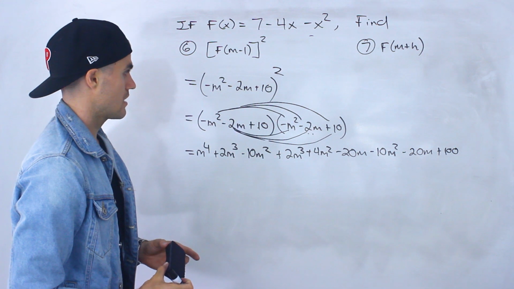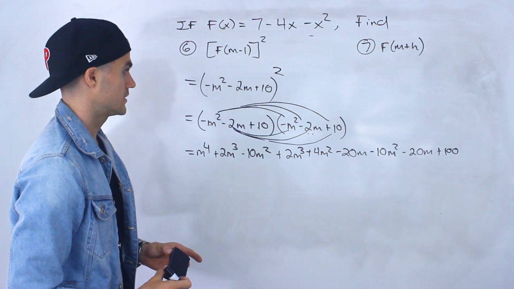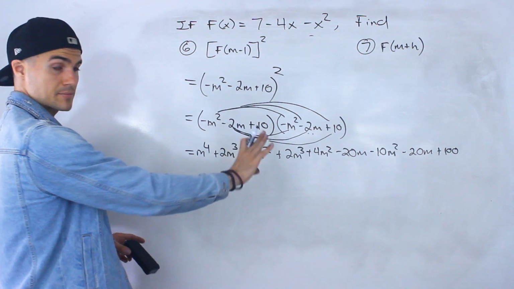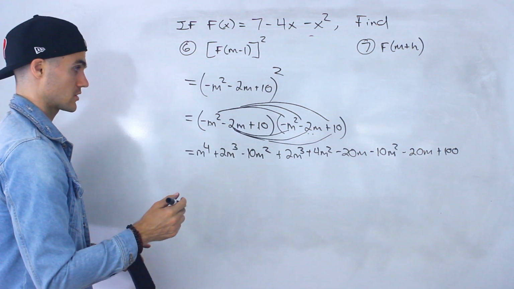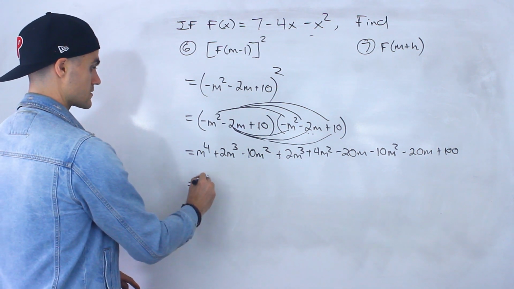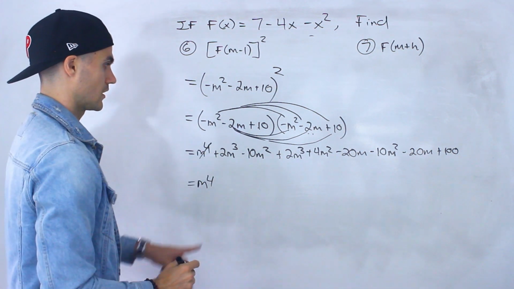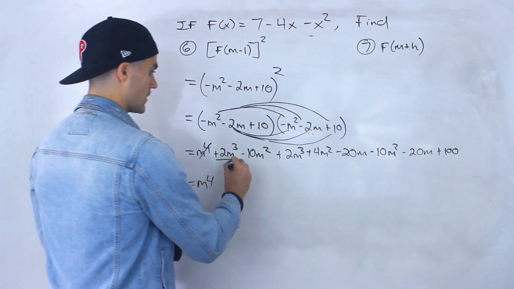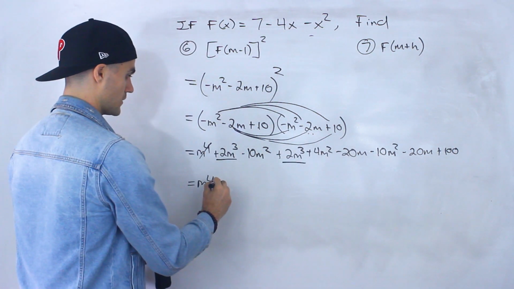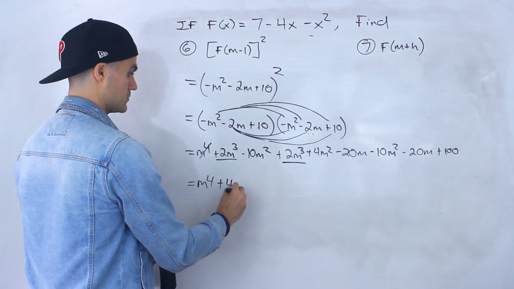I think everything is all good here. So now we've got to simplify these and collect all the like terms. Notice m to the 4, there's no like term for that. Then we have 2m cubed and 2m cubed, so that would be 4m cubed.